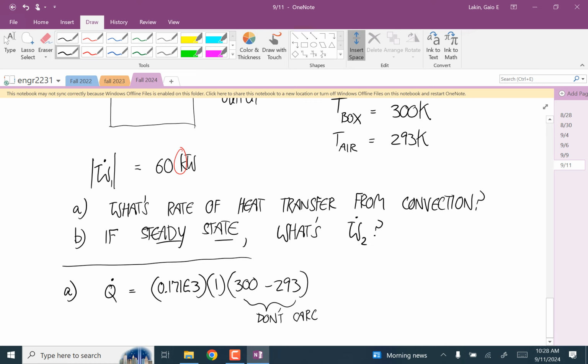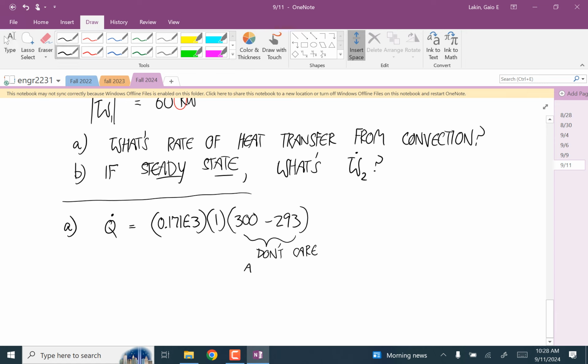So the order doesn't matter here. And so 0.171 times 10 to the third times 7, and you get 1197.